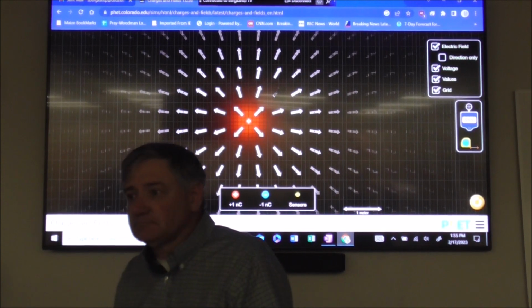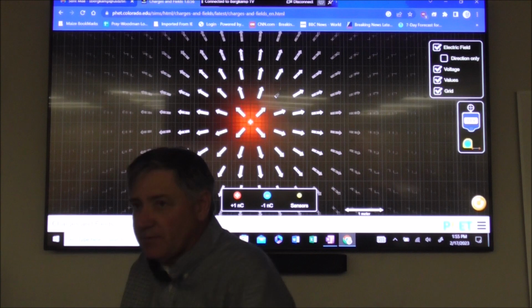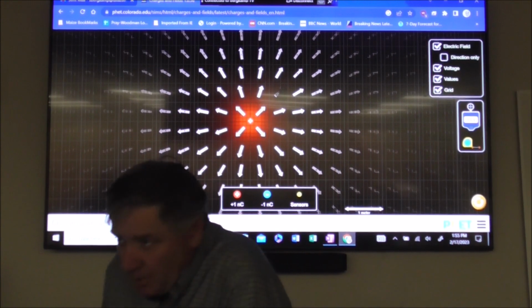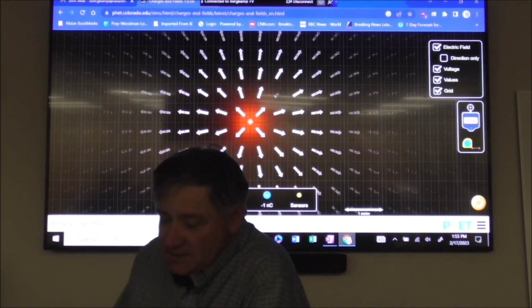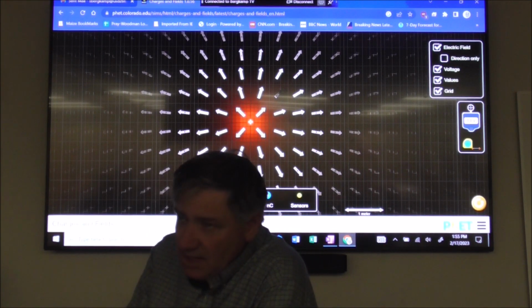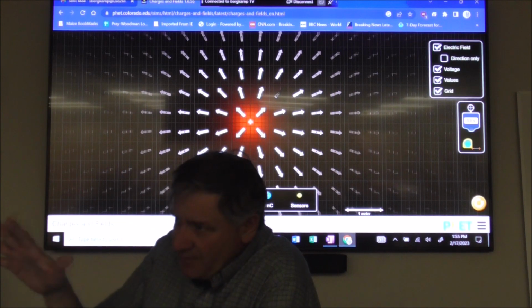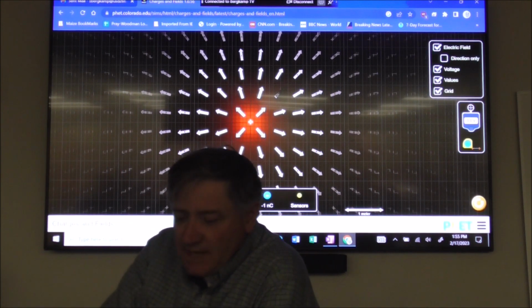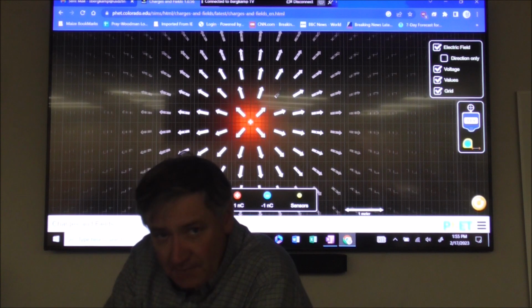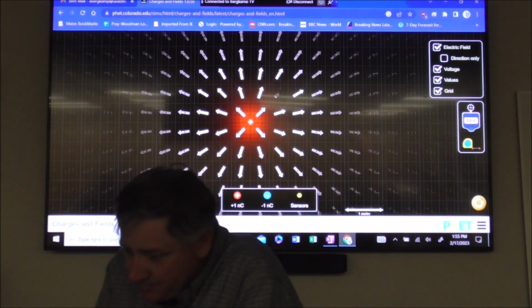Why? Because if you put a positive test charge there, what would happen? It would repulse. And the intensity of the light shows the intensity of the electric field. As you get further and further away, notice that it still points away from that, but the strength of that electric field becomes smaller.